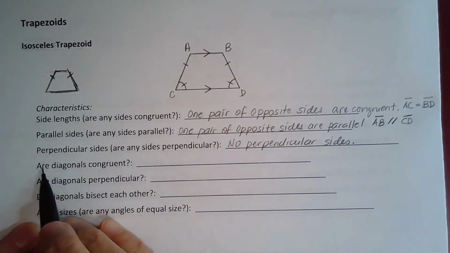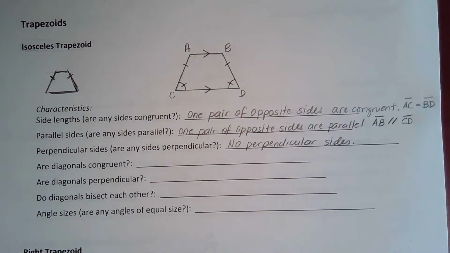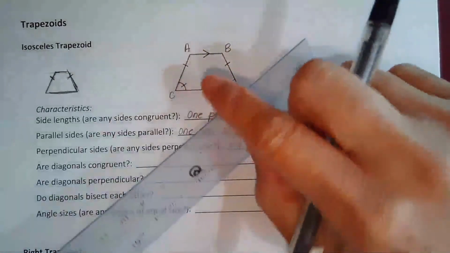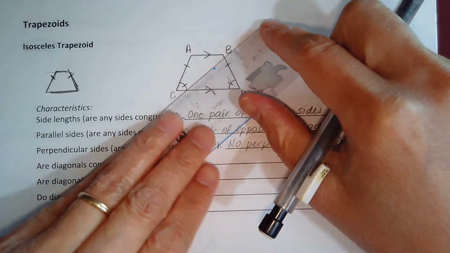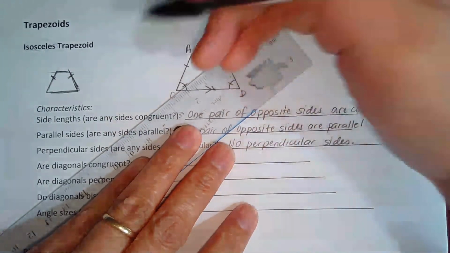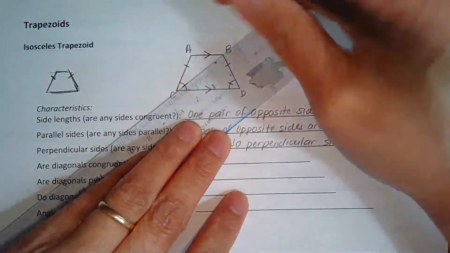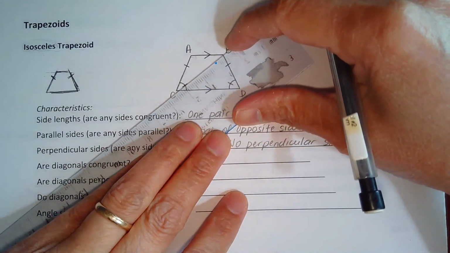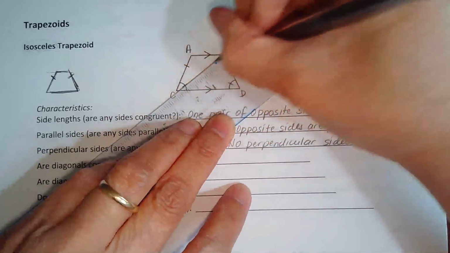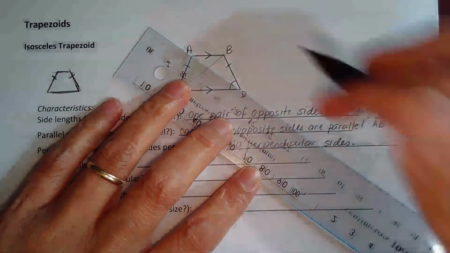Okay, now what about here? Are diagonals congruent? Okay, this is interesting. Diagonals, and we didn't have the diagonals in here drawn, so we can draw a diagonal right there. I'm gonna just draw a diagonal CB and diagonal AD.